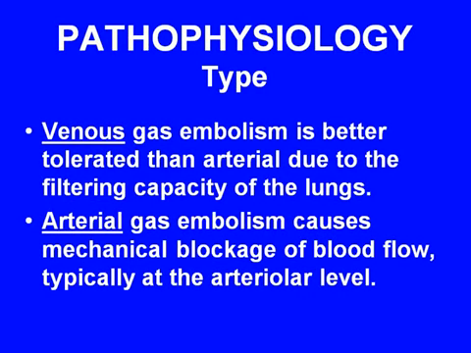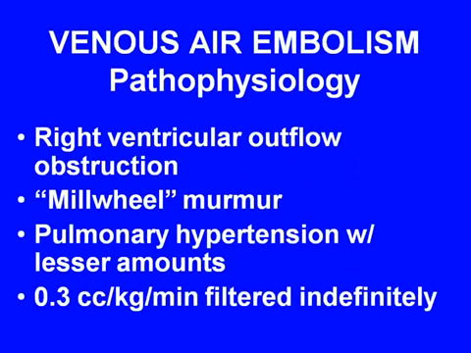Well, as you all might know, venous gas embolism is better tolerated than arterial due to the filtering capacity of the lungs. Arterial gas embolism, on the other hand, causes mechanical blockage of blood flow, typically at the arteriolar level. With venous gas embolism, large amounts that is, one typically gets right ventricular outflow obstruction.